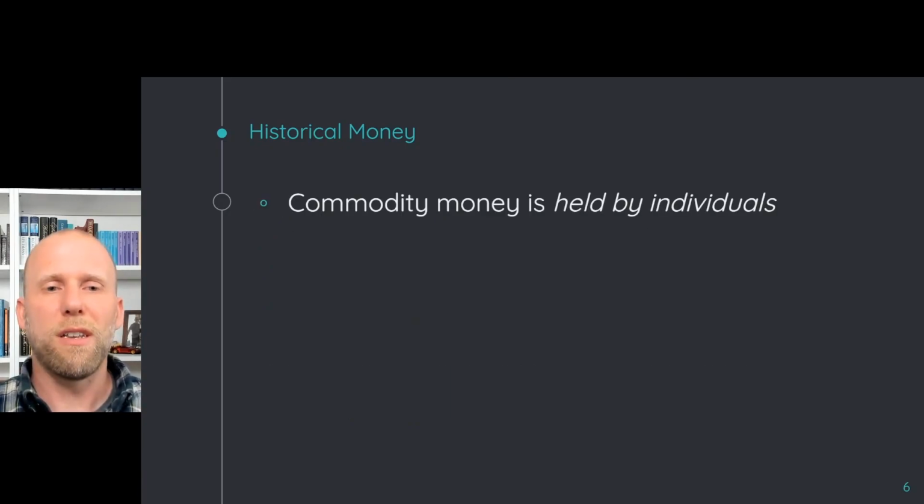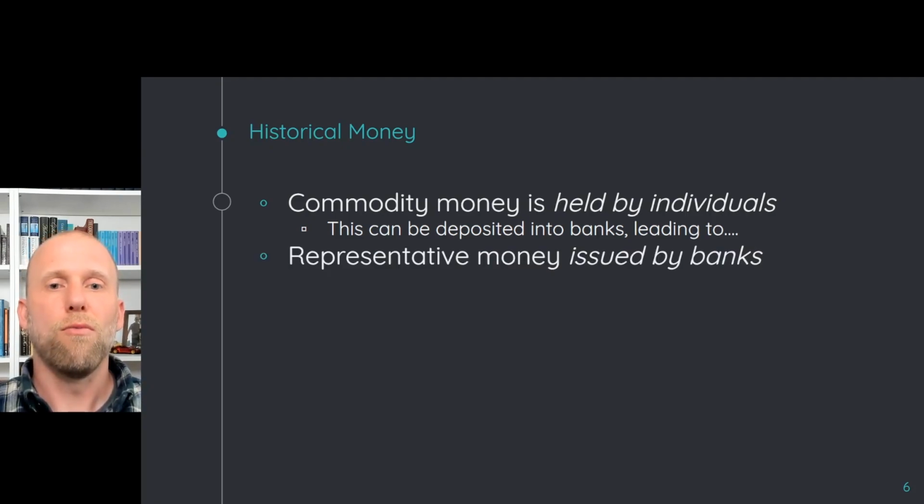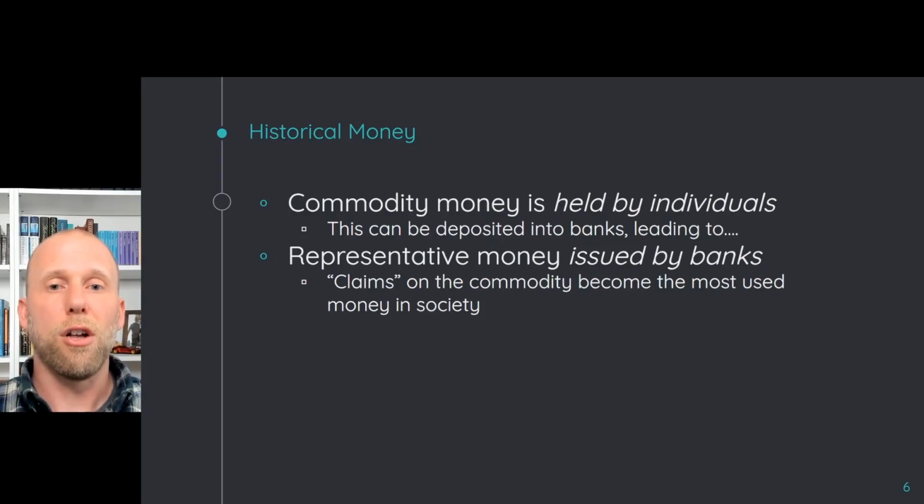So, we'll get to the USA in a minute, but first let's talk about commodity money held by individuals. This can be deposited into banks, leading to representative money that is issued by banks, and they're now holding the commodity money. And the claims on the commodity money become the most used money in society. So they're not using commodity money anymore.